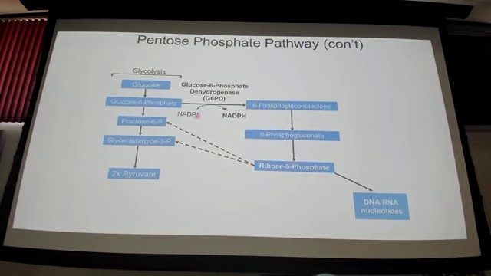When this reaction occurs, it produces NADPH, which is very important, as I mentioned, for cholesterol biosynthesis, fatty acid biosynthesis, and it serves a role in being an antioxidant. And then this intermediate is converted to ribose 5-phosphate, which is used to produce nucleotides for DNA and RNA.